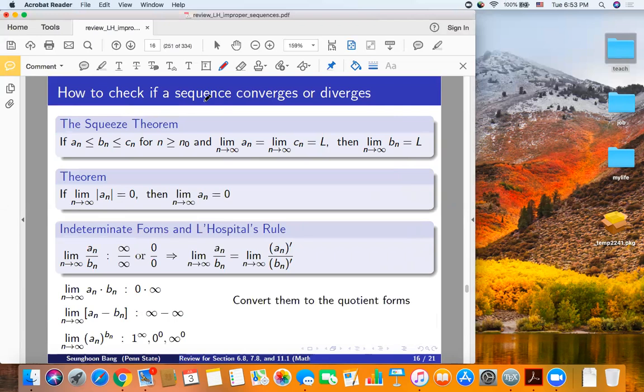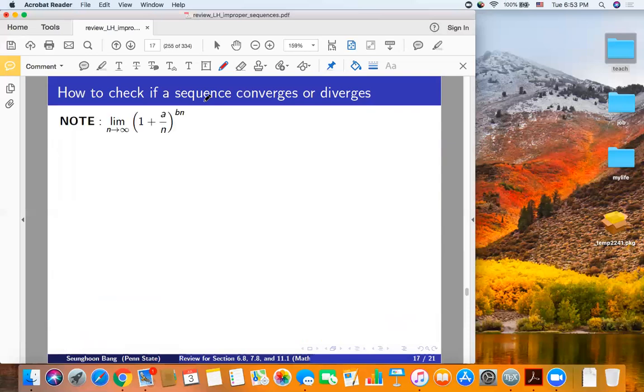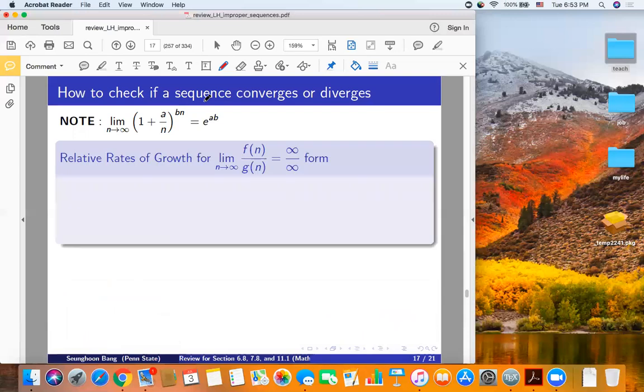You have to convert this form to a quotient, like a fraction form, and then use L'Hopital's rule or relative rate of growth. This is the idea for solving sequence problems. One note: the limit of (1 plus a over n) to the power b times n is e to the ab.